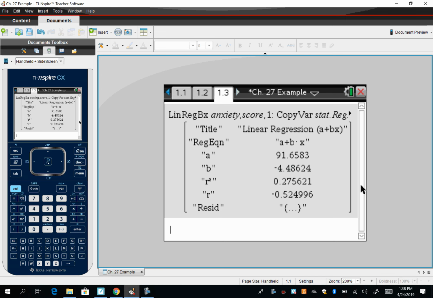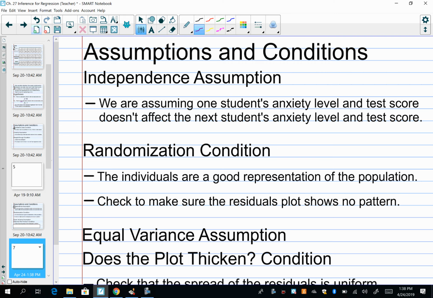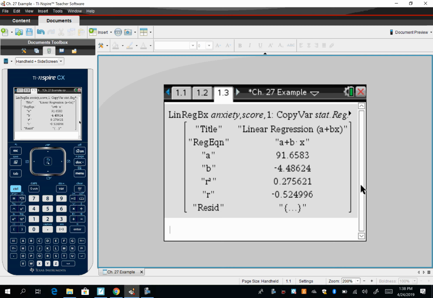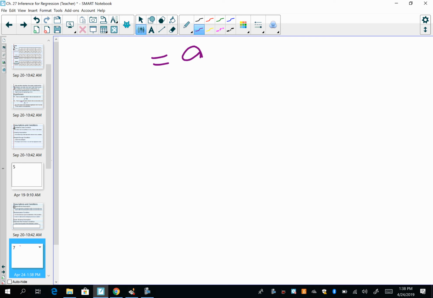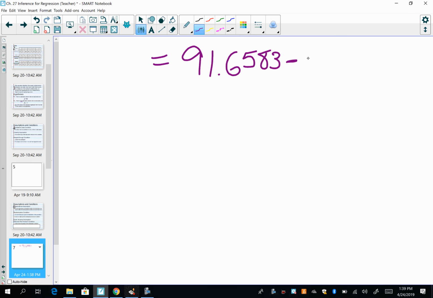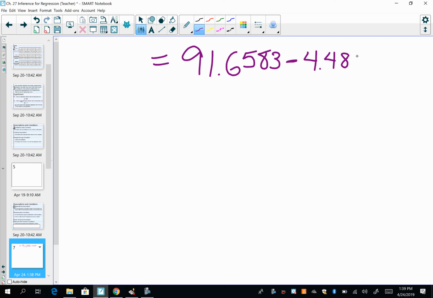Let's write it down just for fun. All right, so we have, what is our intercept? 91.6583 minus, you can just write it anywhere, 4.48 something, 48, wherever you want.